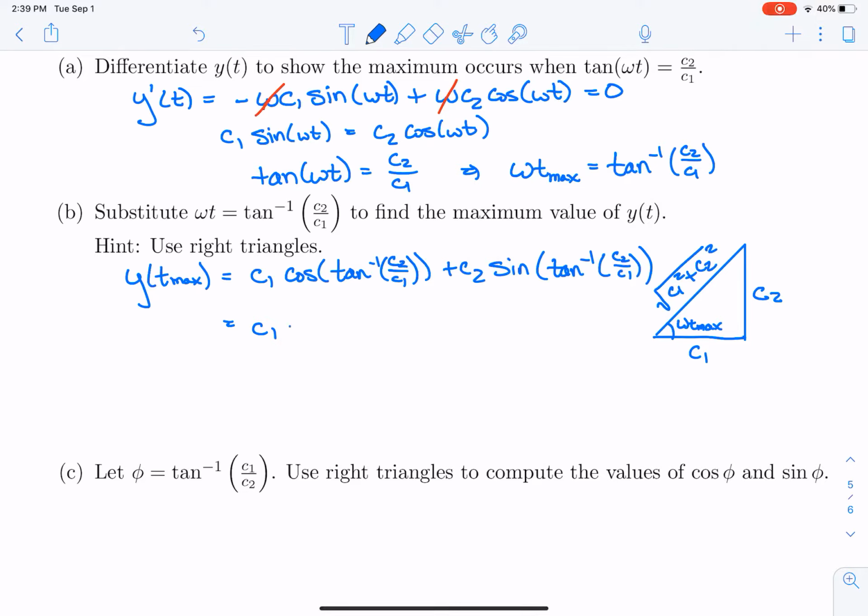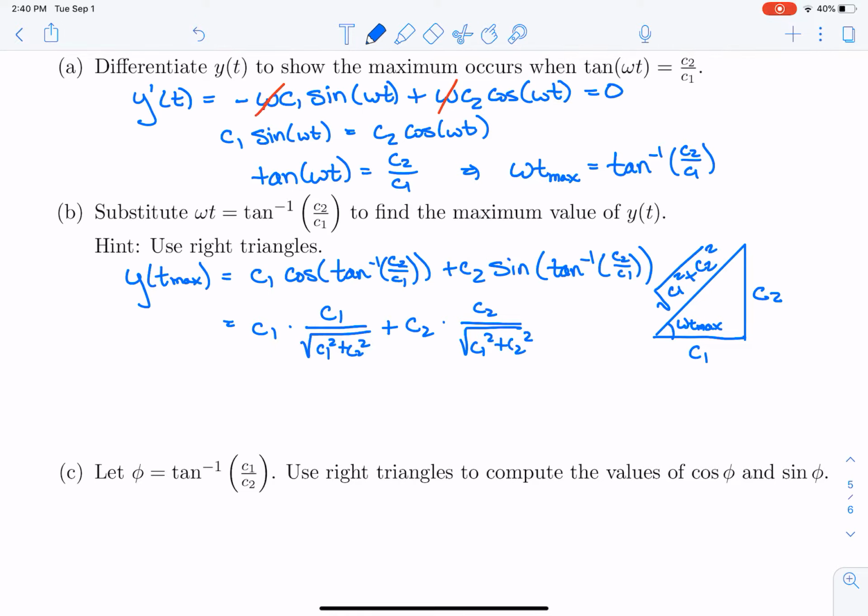Okay, so the cosine is going to be the near side, C1, right? That adjacent side over the hypotenuse, the square root of C1 squared plus C2 squared. And then the sine is going to be the opposite side, C2, over the square root of C1 squared plus C2 squared.